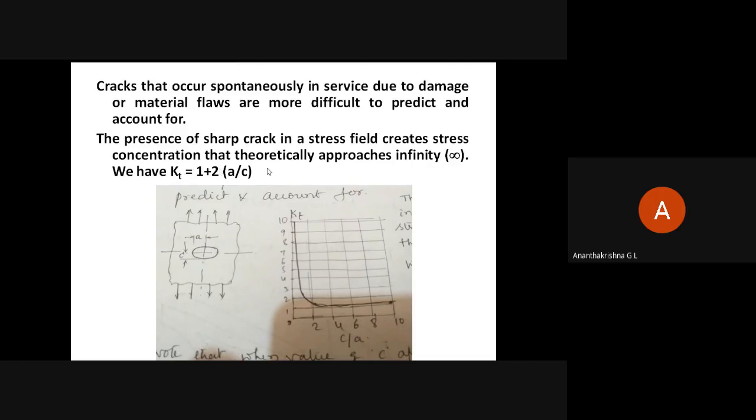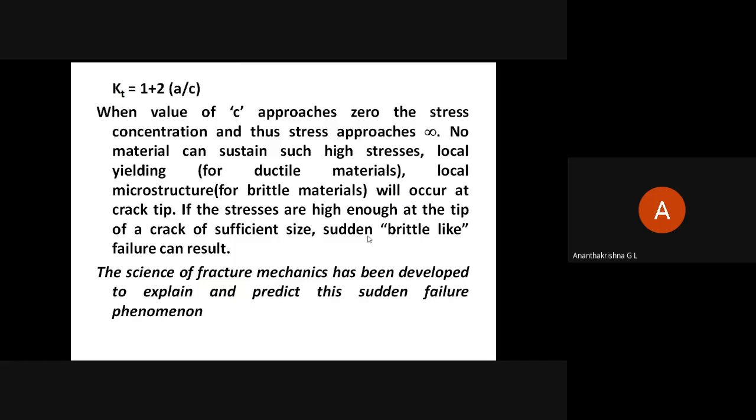It will be very high. So because of very high stresses, no material can withstand such high stresses, and therefore the crack will suddenly lead to the failure of the component. This is the meaning of this equation, KT is equal to 1 plus 2 into A by C.